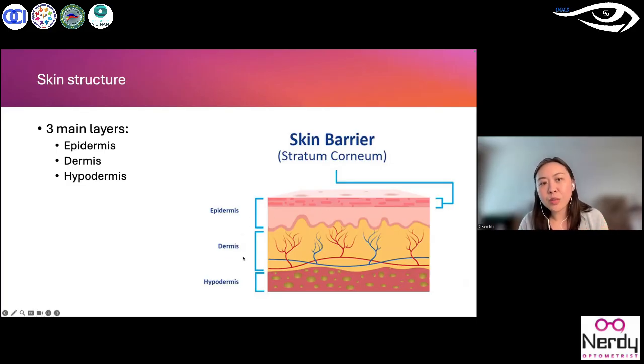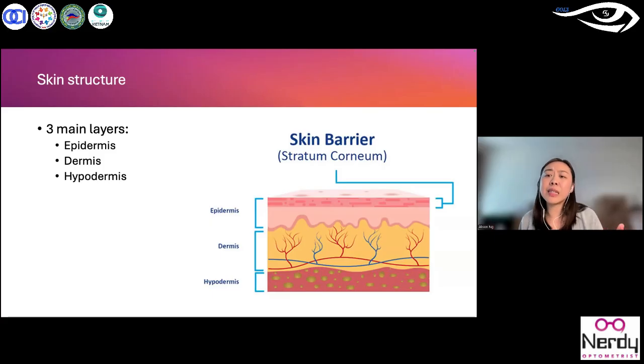But then we have the dermis, which is probably the chunkiest layer here in most parts of the body. And it's a network of structural proteins. So we have collagen and elastin that are bound together by a gel-like substance which contains hyaluronic acid.